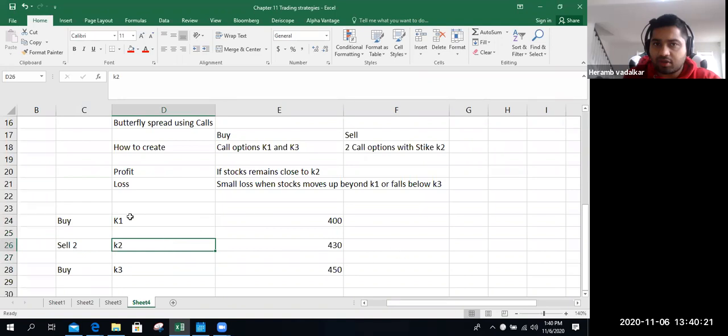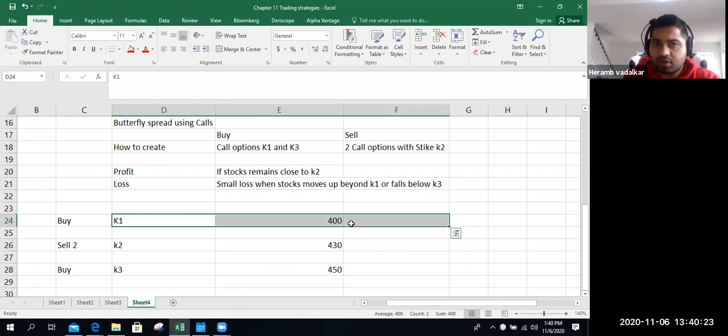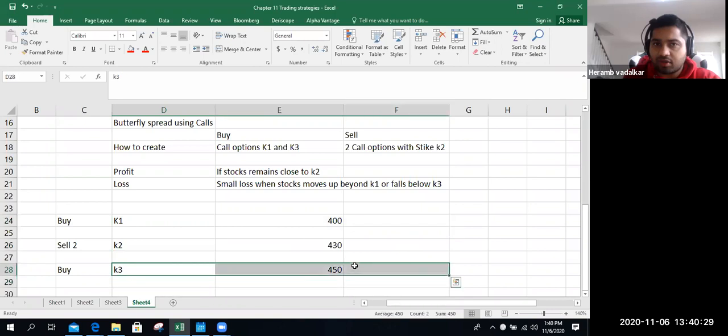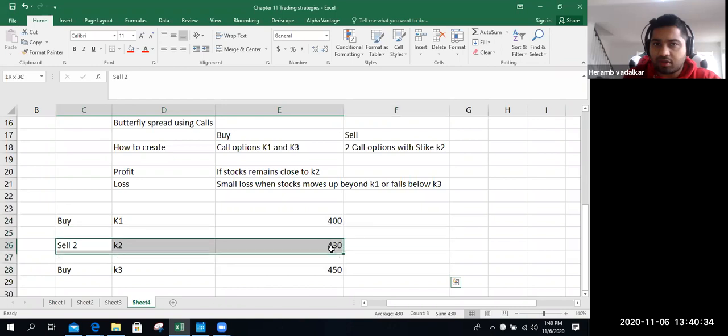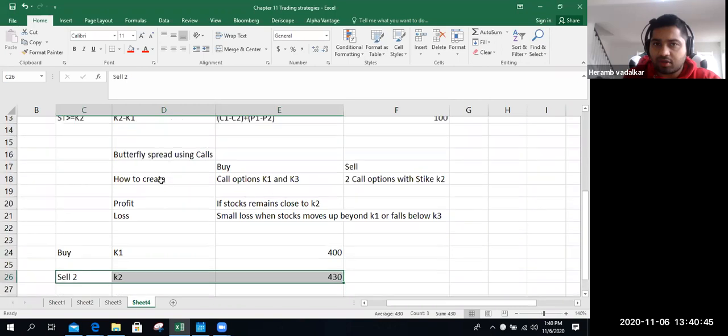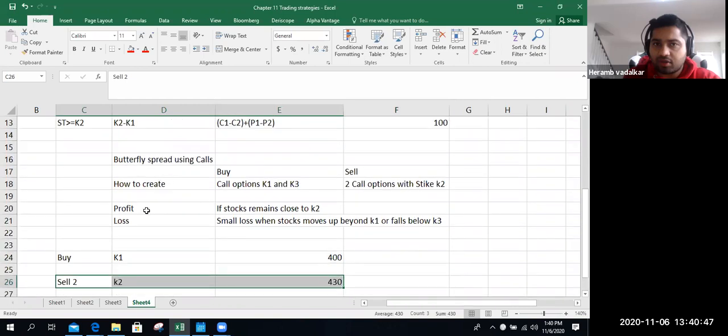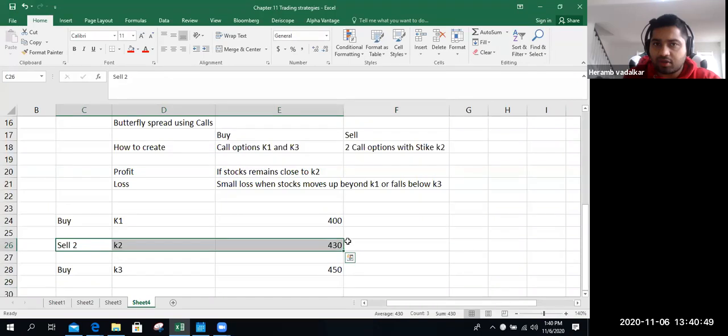This strategy is profitable when the stock price goes above 400, and this one is profitable when the stock price is above 450. And this strategy will lose money, since you're selling a call, if it is above 430. So what happens in butterfly spreads is you make money if the price remains close to 430.